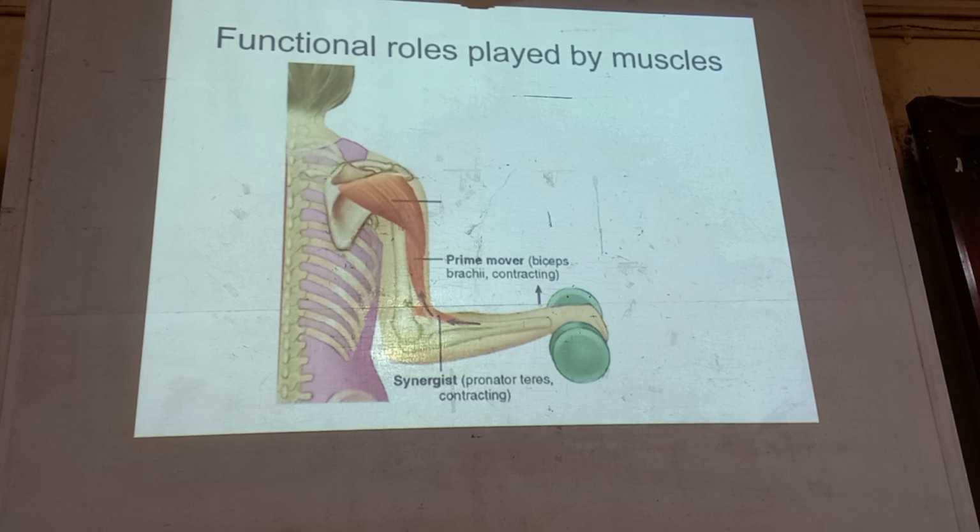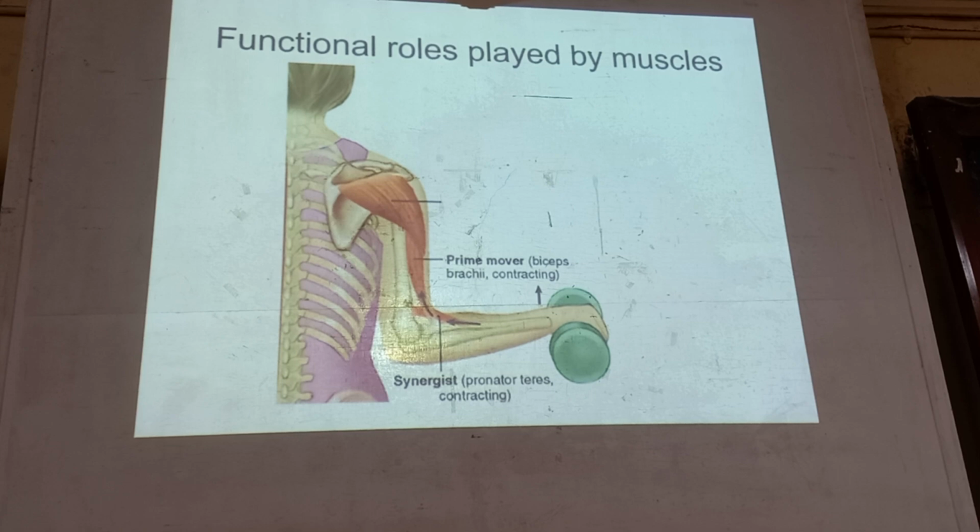Biceps and brachialis act as prime movers, as agonists, but they don't require a synergist in that particular case. Is this point clear? That's the third role of a muscle. It can act as prime mover, antagonist, or synergist. The synergistic action will come only if the prime mover has multiple actions.